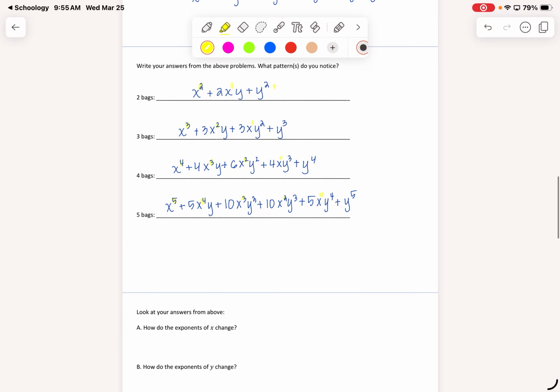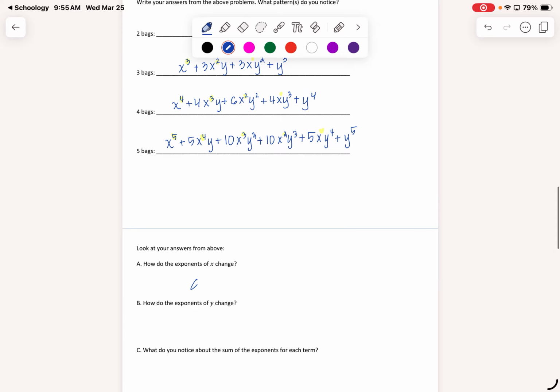So if you notice, the exponents on the x values, or the first term, is decreasing by 1. So that's part of why I was able to do it so fast from memory, right? I knew that was happening.